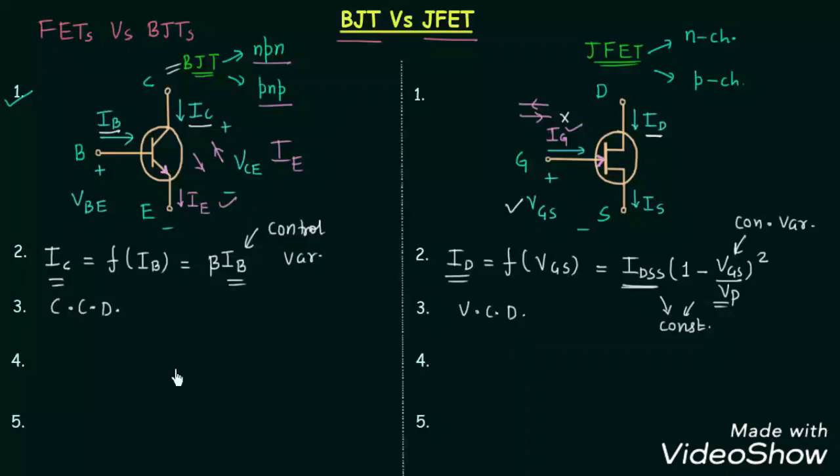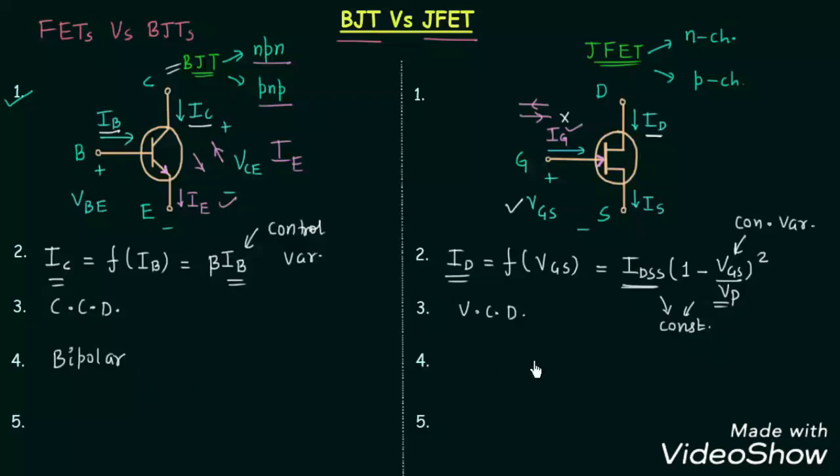Very simple. The fourth point is related to the charge carriers. In case of BJT, both charge carriers are involved, both electrons and holes, and because of this reason we call BJT a bipolar device.